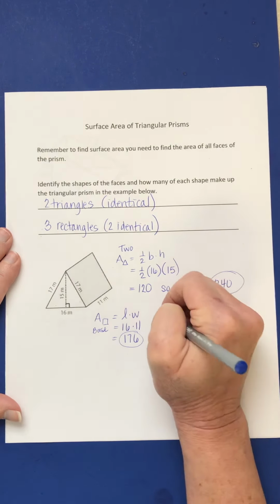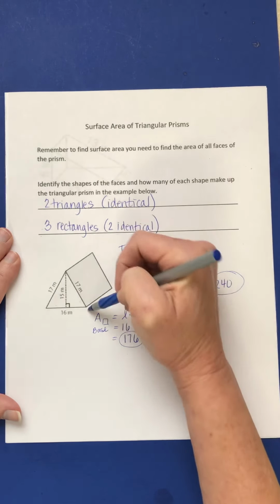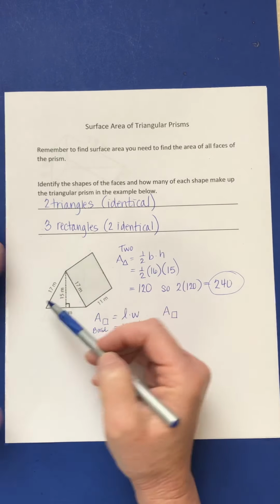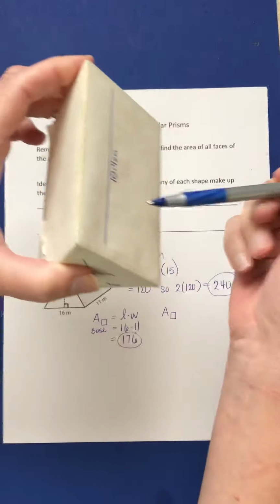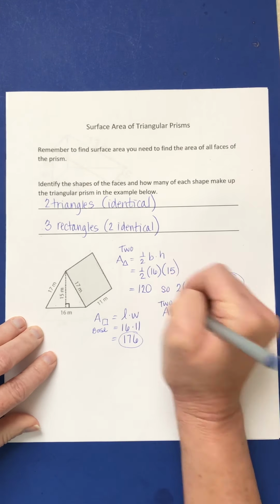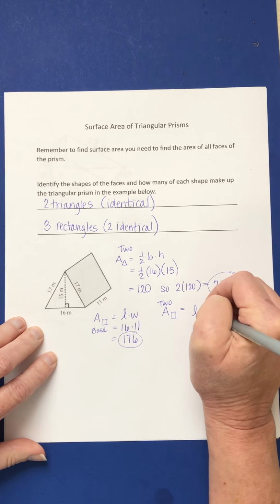We need to find the area of another rectangle, and that's going to be like this side here. But remember, the side over here, these two sides are going to be the same, so I'm going to have 2 of them. Again, I'm going to write a 2 up here, and my formula is the same, length times width.